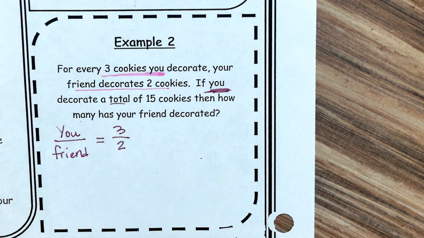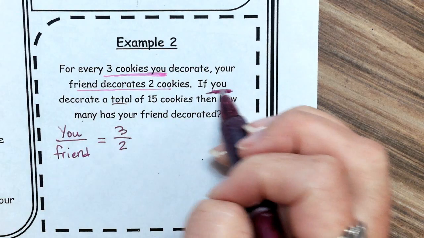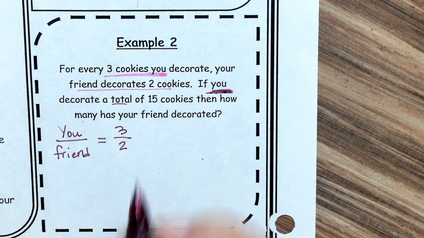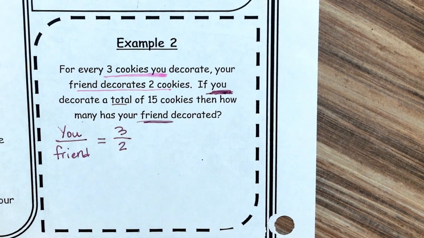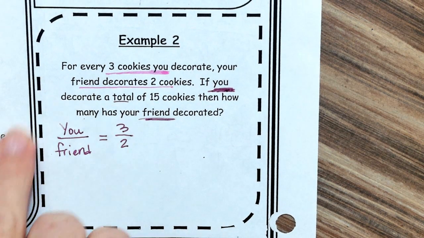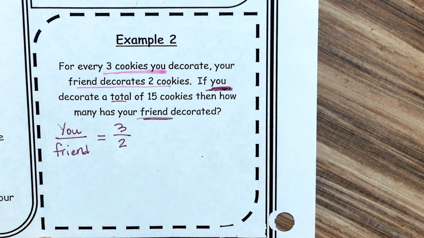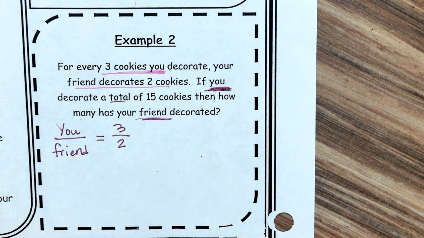So is that really a total for me and my friend, or is that just you? That's a total for you. So all we care about is you, and then look at the question. How many has your friend? So am I going to change and manipulate this, or am I going to keep it you and your friend? Keep it you and your friend.